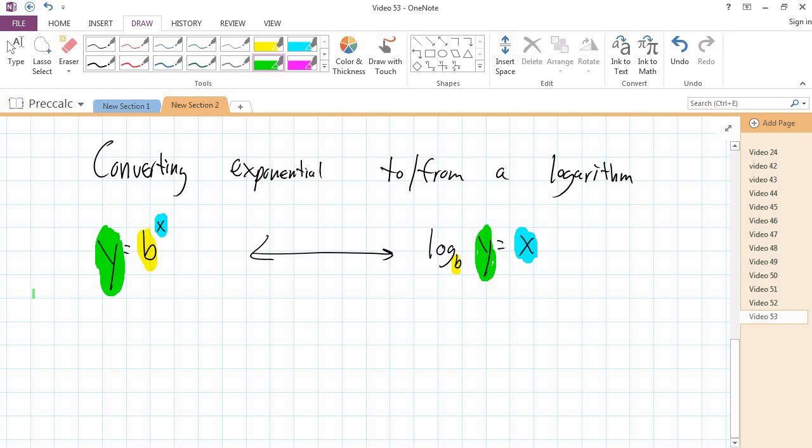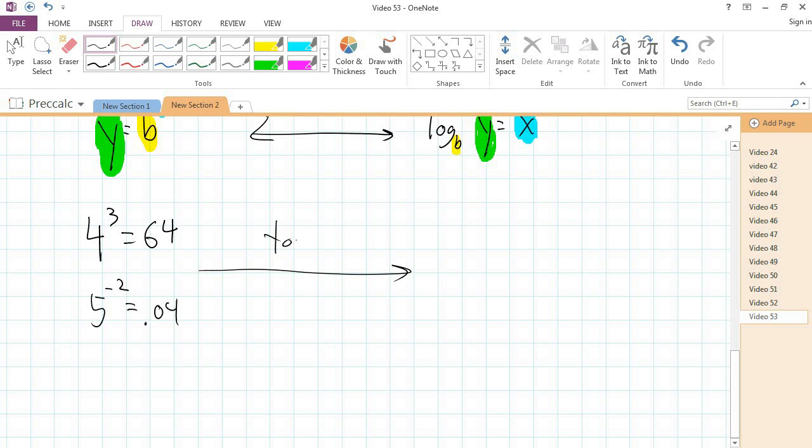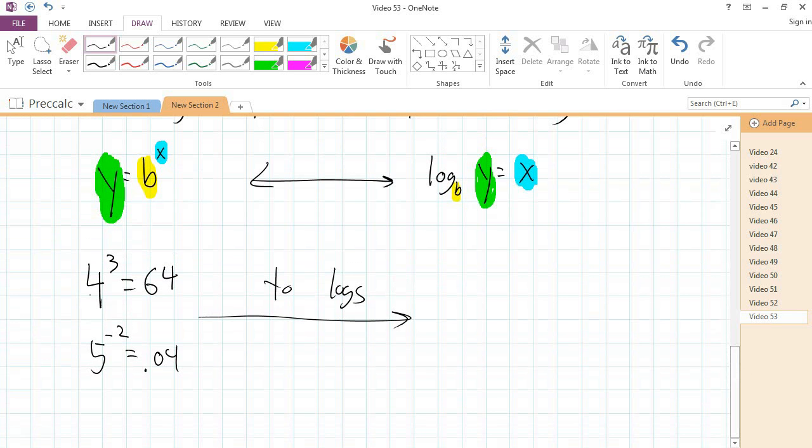For the moment, let's just take a second and explore how this works. So I'm going to write some exponential statements. And these are all true exponential statements. There's nothing to solve here. And what I want to do is to convert these to logarithms. So what I do is the base of the exponential is the base of the log.